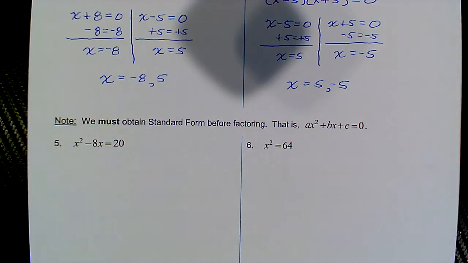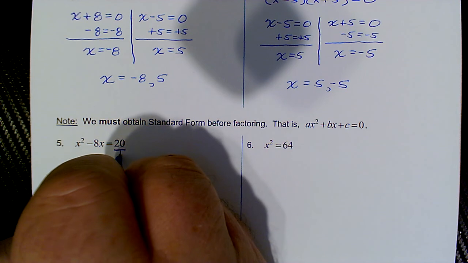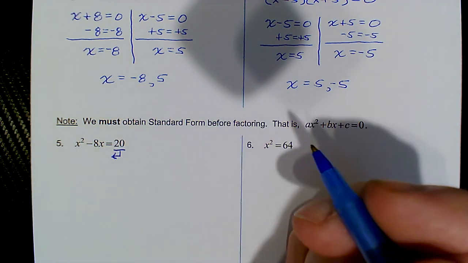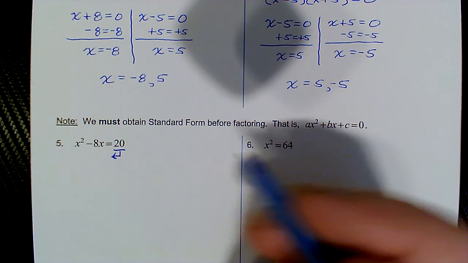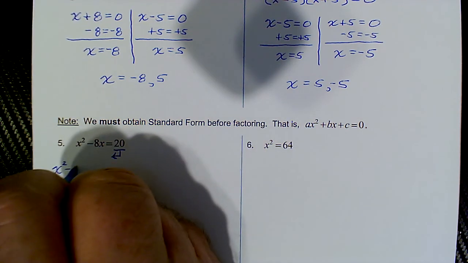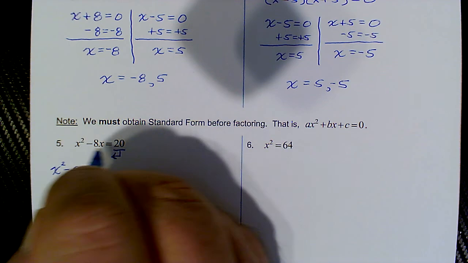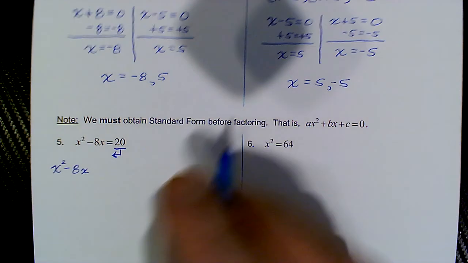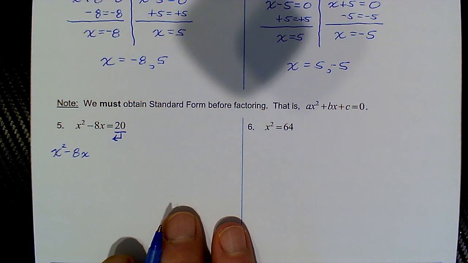But I'm going to suggest that you consider just a mental transposition by using a little arrow, indicating that you're moving that to the other side. So then it becomes x squared minus 8x, and whenever you move something from one side of the equation to the other, remember what you're doing is really adding the opposite.